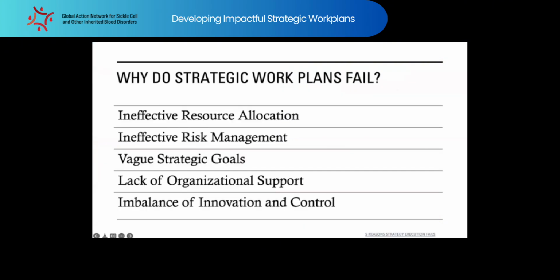And so my other thing I always want to start with as our background is why do strategic work plans usually fail? What I mean by that is that you might develop a great plan, you print it out onto a document, and then it sits on a shelf somewhere, or it's saved as a file in your computer and never seen. Or stakeholders or donors go, no, unfortunately, we cannot fund this or we can't support this.